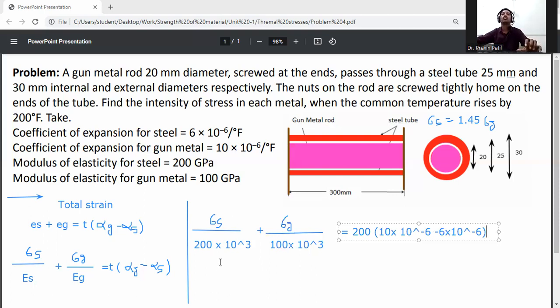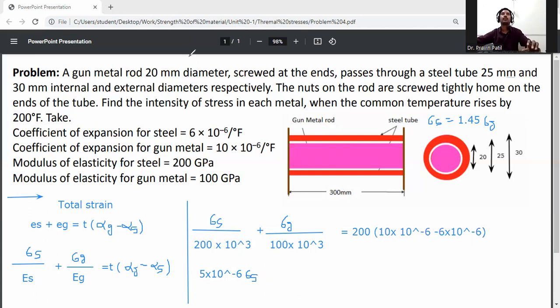Okay, write down. Let's simplify this equation. So now in terms of sigma s, it will be 1 divided by 200 into 10 raised to the power 3, it will be 5 into 10 raised to the power minus 6 sigma s.